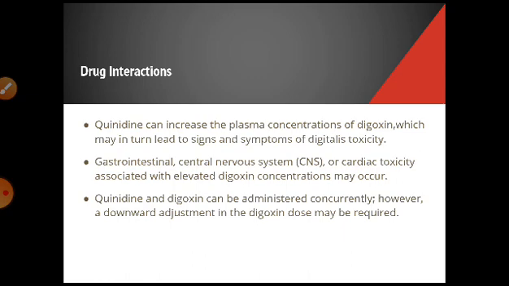So this is a very important potential interaction between digoxin and quinidine, both used for the same purpose, and you have to see the consequences when using them together. Quinidine and digoxin can be administered concurrently. However, a downward adjustment in the digoxin dose may be required. So this makes your doubt clear that we can use them, but when we do, we should lower the digoxin dose.